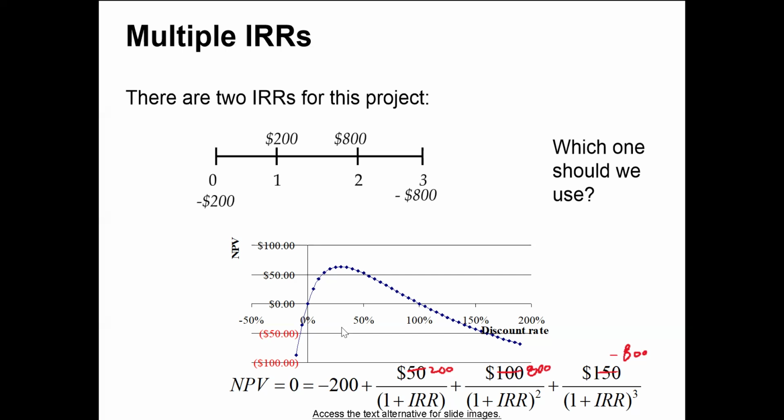So if you put 0% in the formula, you can see that the NPV is 0. And if you put 100% in the IRR, you can also see that NPV is 0.